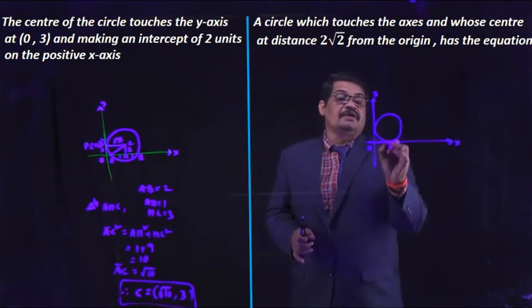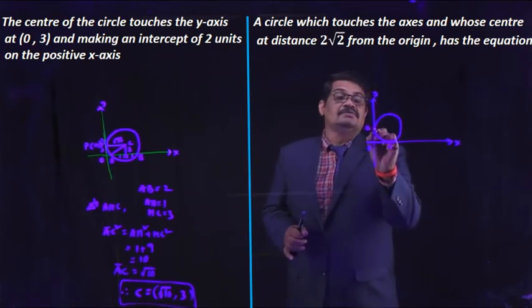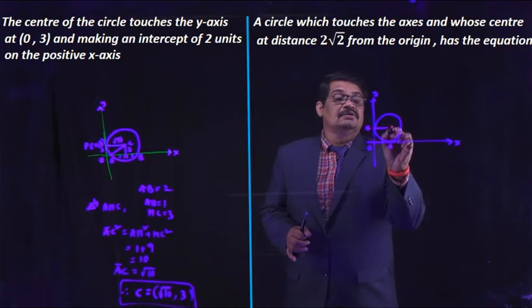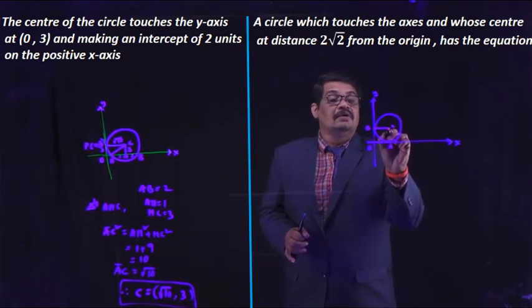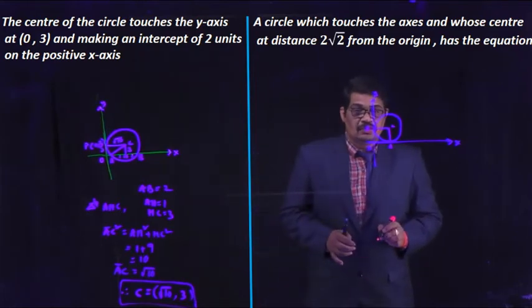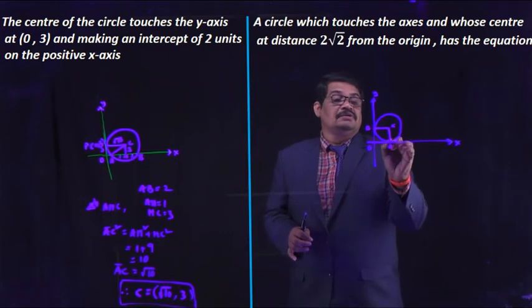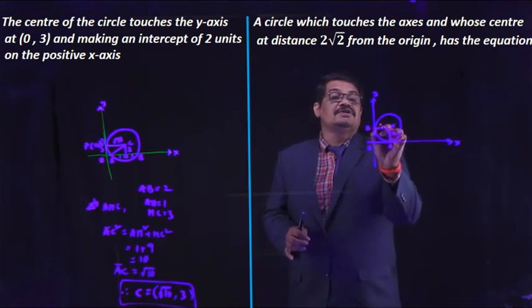This is, say, point A and this is, say, point B. Mark the center C, and join CB and CA. Now we are assuming that the distance AC is x and the distance BC is also x.